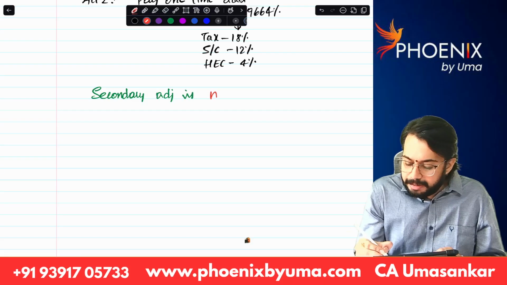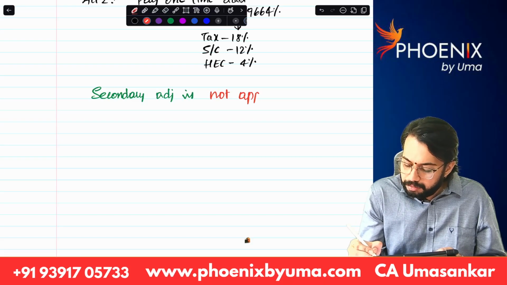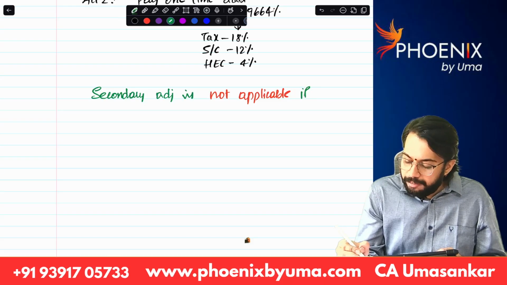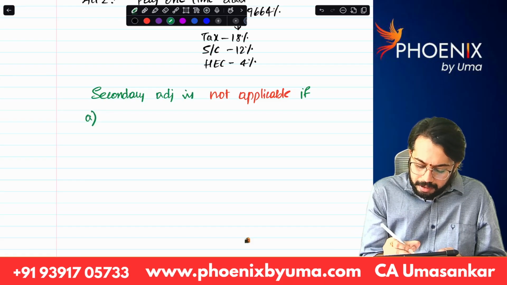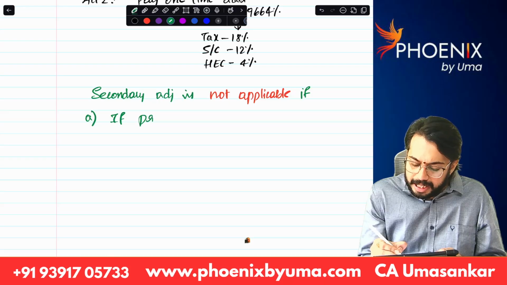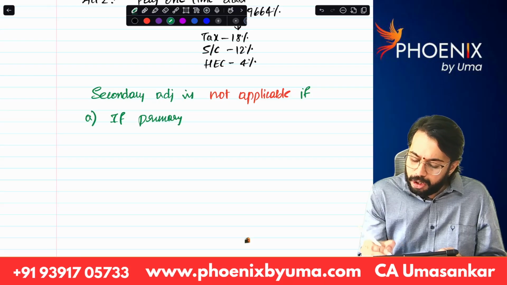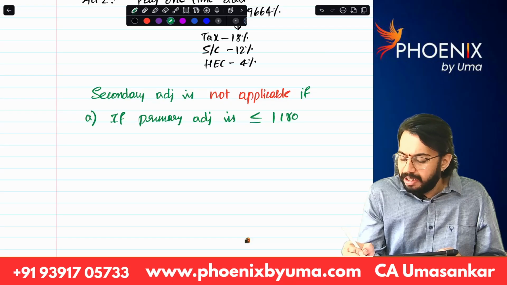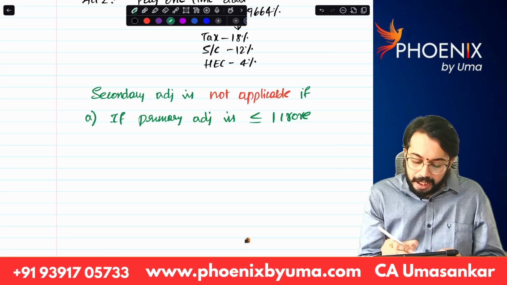When is secondary adjustment not applicable? Not applicable in case A, if the primary adjustment is less than or equal to 1 crore. If the primary adjustment is less than or equal to 1 crore, then secondary adjustment is not applicable.